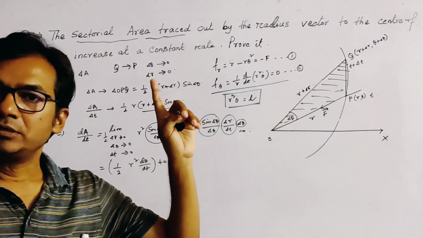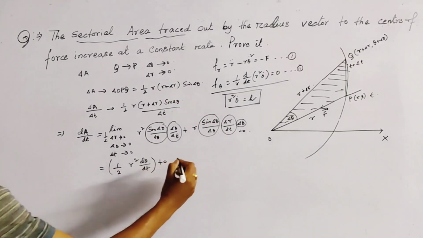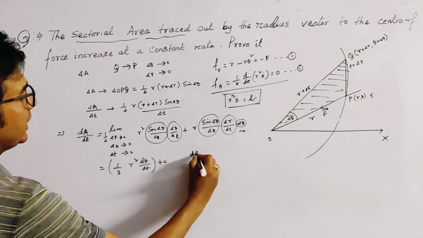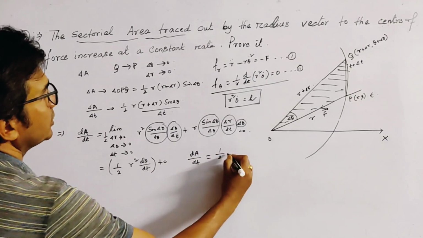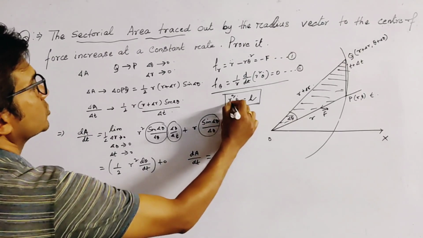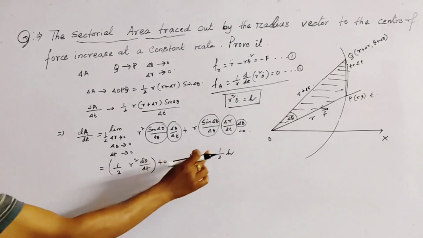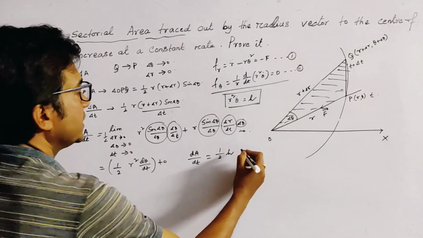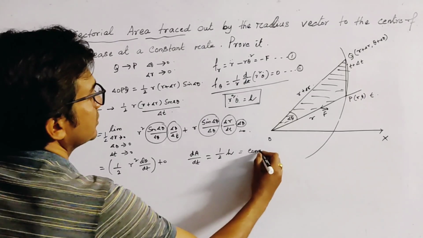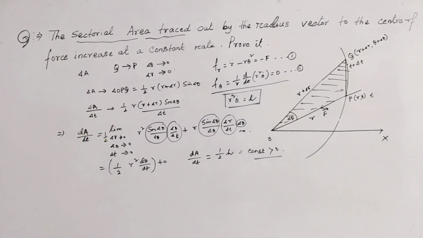So dA by dt is equal to half into h, because r square theta dot equals h. So this is constant, and it is a positive constant because h is a positive constant.